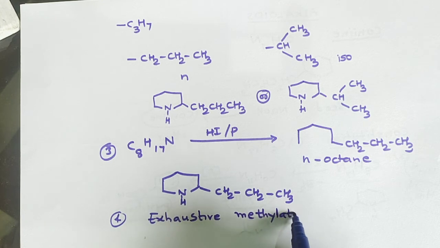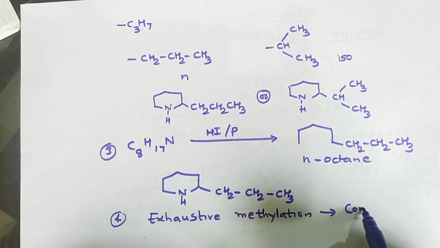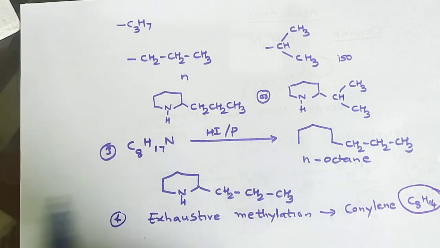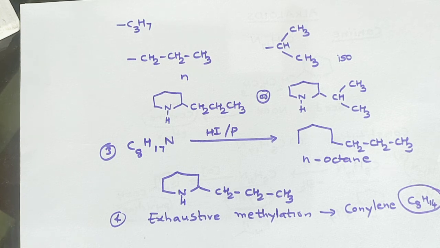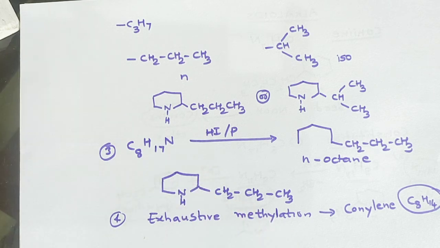Exhaustive methylation of an alkaloid gives an alkene, coniylene, C8H14, with the elimination of NCH3 thrice. The coniylene can be reduced to form n-octane. So exhaustive methylation is another evidence that suggests that this is the structure of coniine.